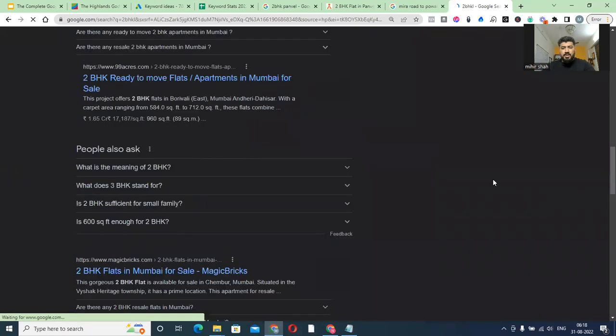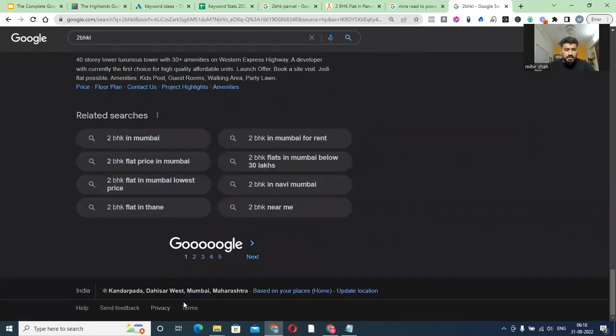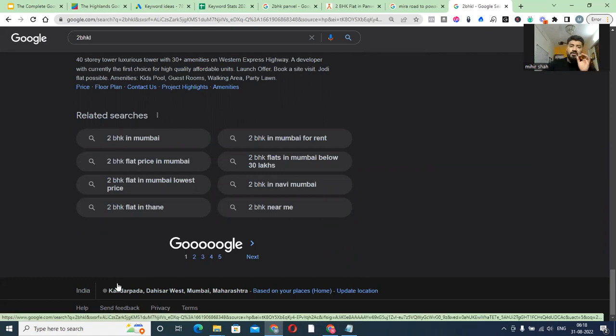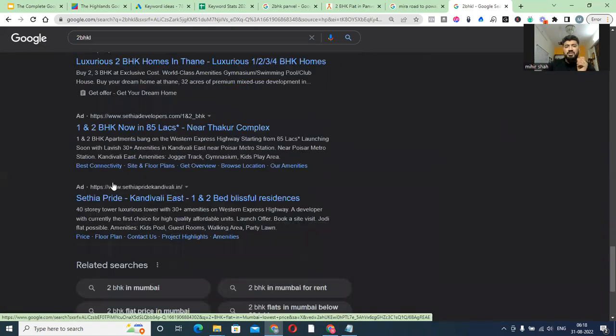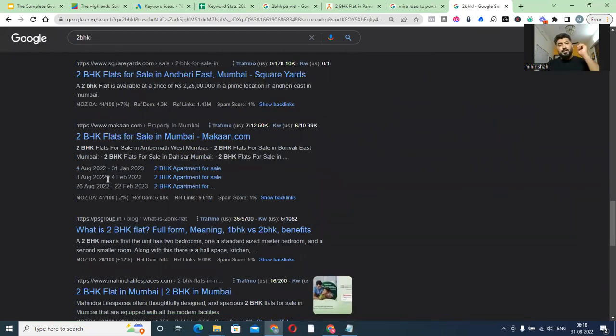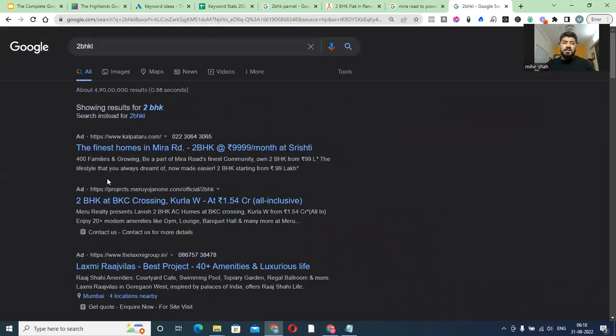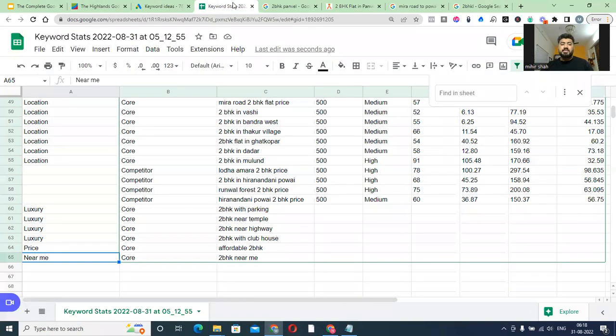I scroll down. See, Kandarpada, Dahisar, West Mumbai. This is giving me a location. If I go and work from office, it will give me my office location as well. So Google tracks your location. So when I say near me, and when I've been targeted in Panvel area, I am for sure looking for a property near me. So near me is always a separate set of keywords, and that's why I have added it here.